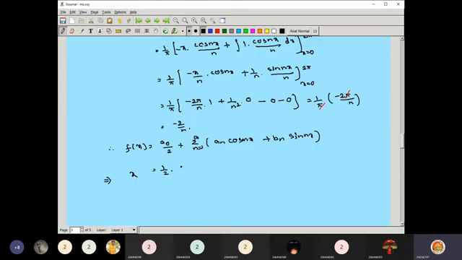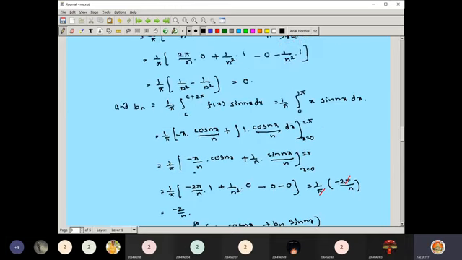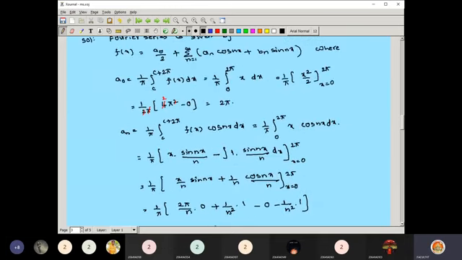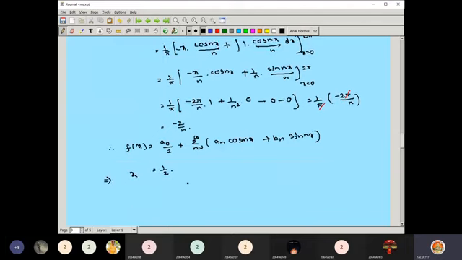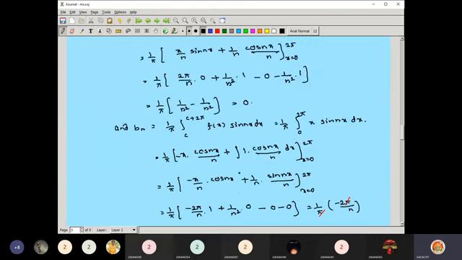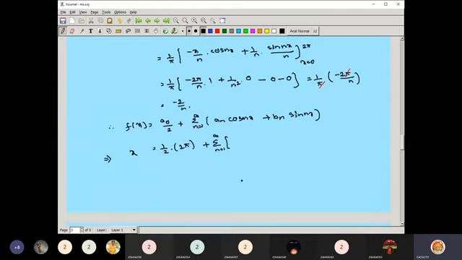When we calculated a0, see what we got, your a0 value is 2π. So that a0 value I am substituting, 2π plus summation n equal to 1 to infinity. So an, what we calculated an value is 0.